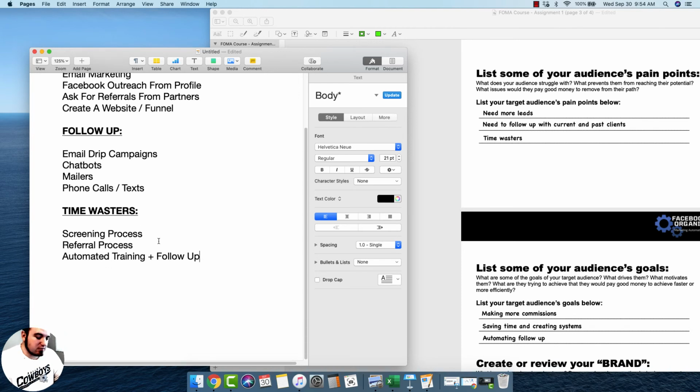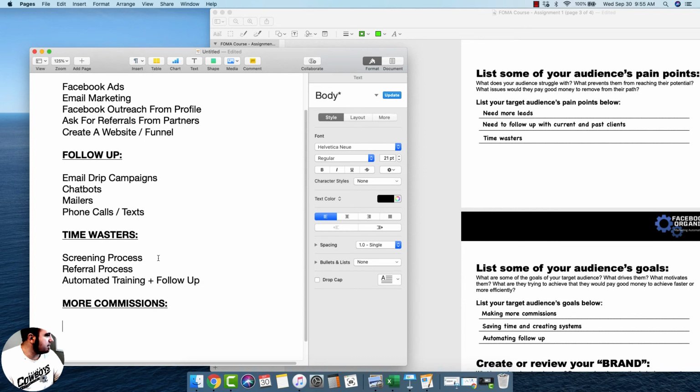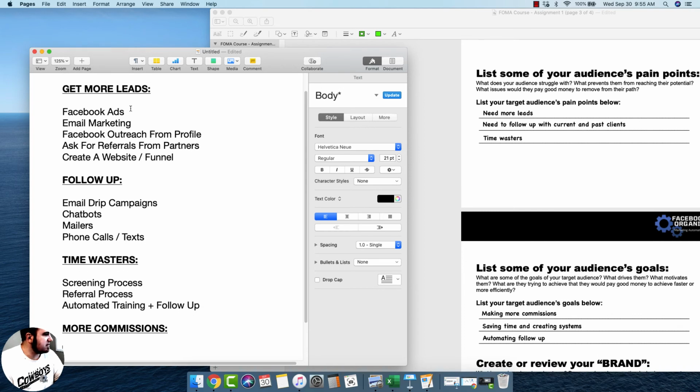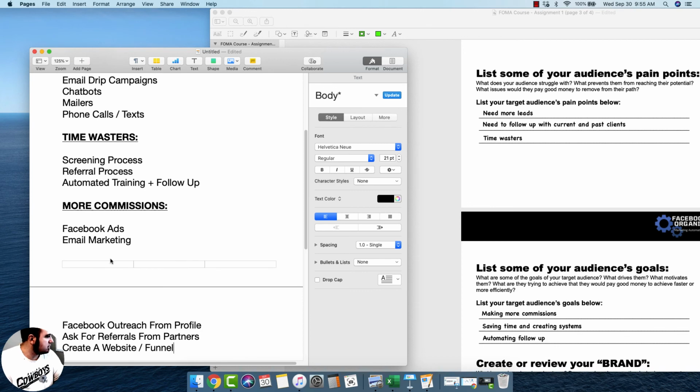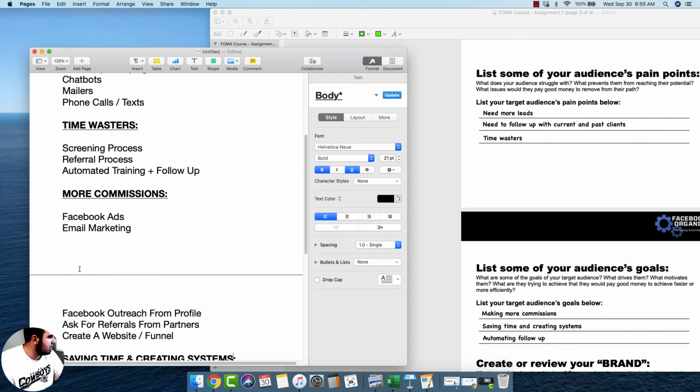Now we'll look at their goals. So one of their goals is more commissions. And some of this will play in here, right? Because if you want more commissions, these things will help you with that. So we can take some of this and put it down here. Same here.